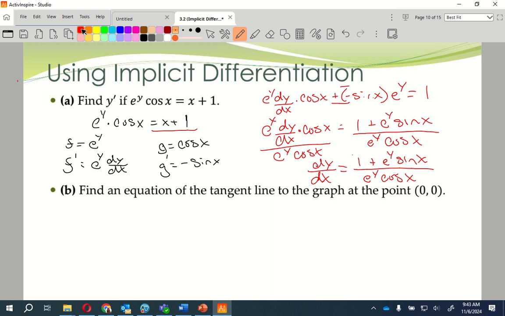Alright, from there, it says find the equation of the tangent line to the graph at the point. So dy dx at the point (0, 0) is going to be 1 plus e to the 0 times sine at 0, divided by e to the 0 times cosine at 0.